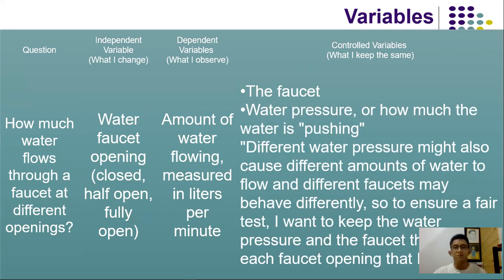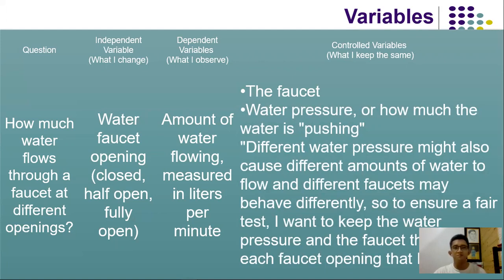Different water pressure might also cause different amounts of water to flow, and different faucets may behave differently. So to ensure a fair test, you want to keep the water pressure and the faucet the same for each faucet opening that you test.